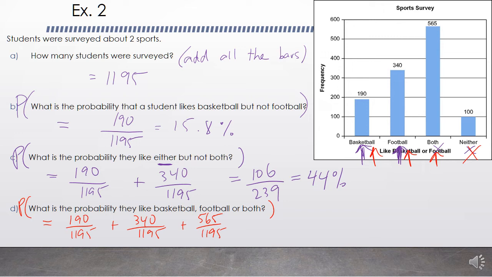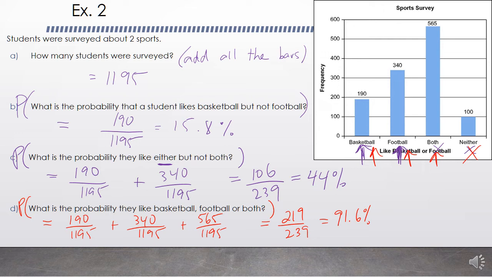Add those all up. And you should get 219 over 239. And if we make that a percent, just to have a bit more meaning, 91.6%.